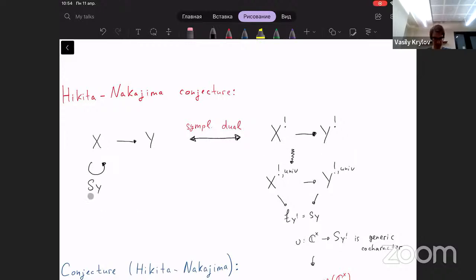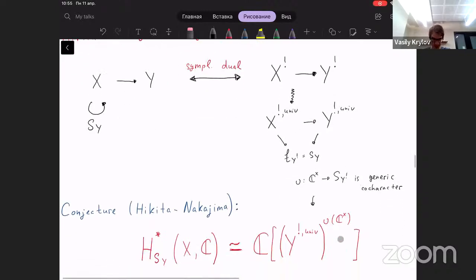And we have an action of S_Y here on Y, and it lifts to X. And on this side, we have this universal deformation of X shriek, universal, mapping to Y shriek universal, which lives over T_Y shriek, which by symplectic duality should be equal to S_Y. So here S_Y is a torus, and here S_Y is a parameter of our deformation. And let us also fix some generic co-character of the torus S_Y shriek.